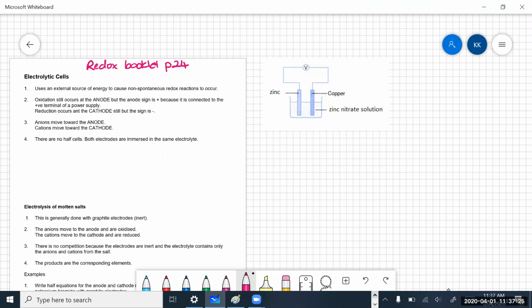So I'm going to start by looking at our zinc copper electrochemical cell that we've looked at before, and we know that in this one, zinc has a higher electrical potential than copper. So it's a better reductant.